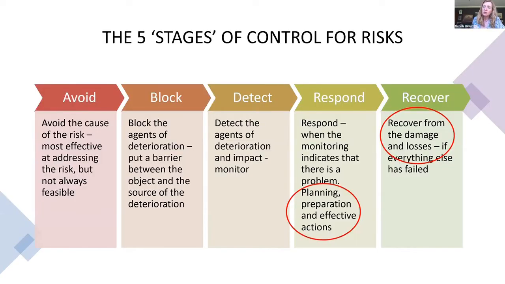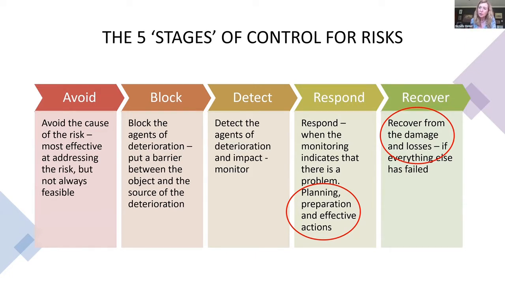So in the last webinar and the last tutorial, as part of webinar number 4, we looked at the 5 stages of control for risks. The first one was to avoid, then block, then detect, and that's all in your risk management. But sometimes you can't do all of those things, and sometimes you need to respond when a risk is happening.